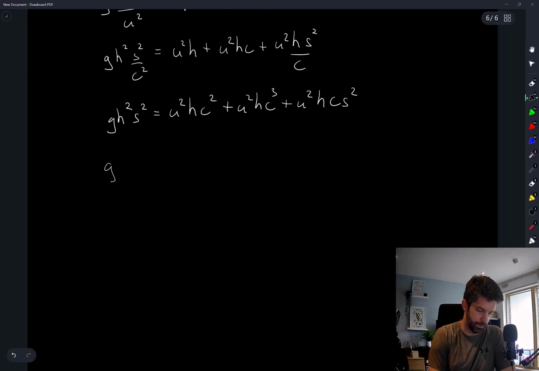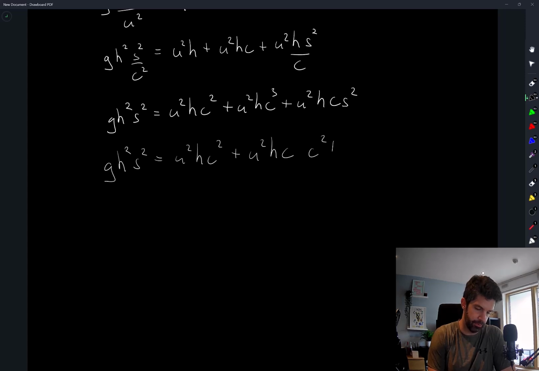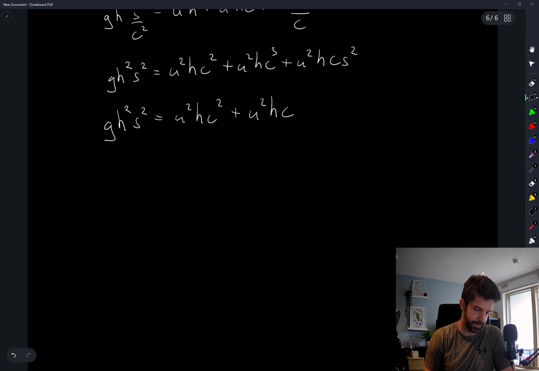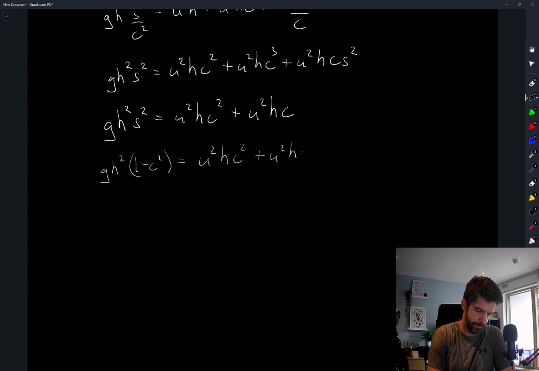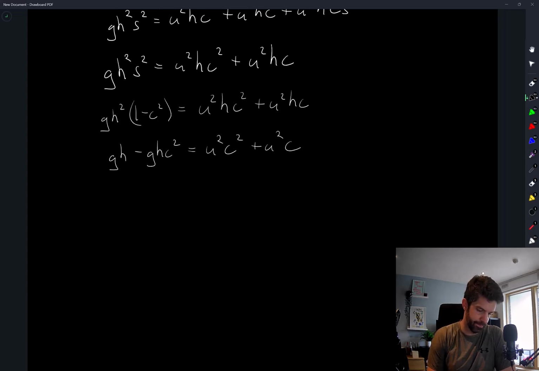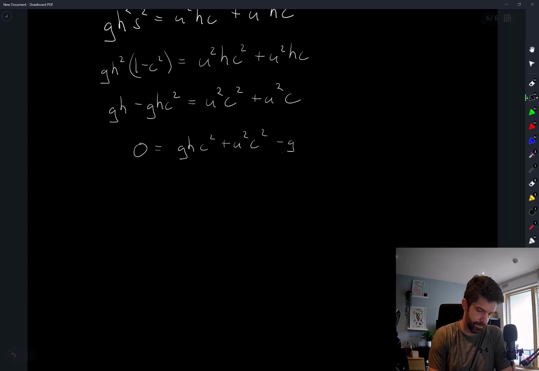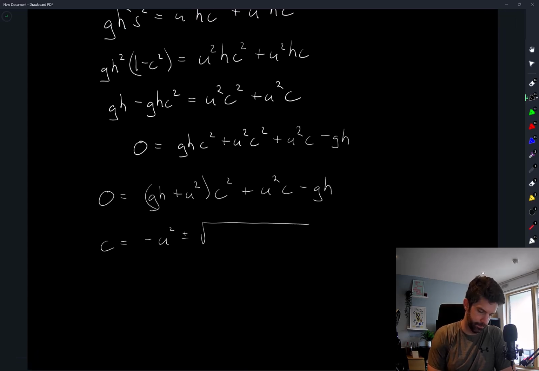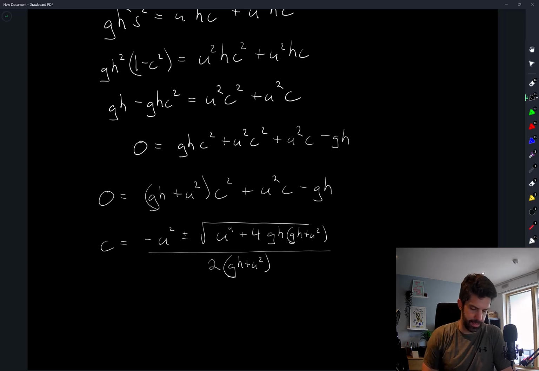Okay, well this, hold on, becomes g h squared s squared simply u squared h c squared plus u squared h s squared, that's u squared h times c squared plus s squared, and that's equal to 1. Okay. I'm getting the same thing. Again, this looks very messy. Can this be simplified somehow?